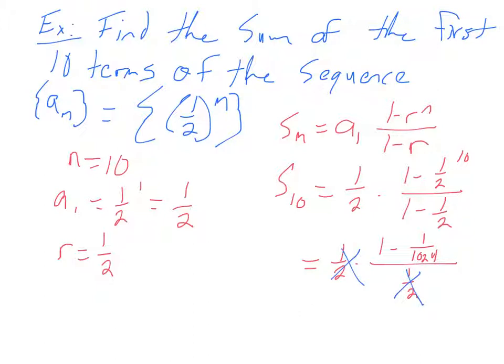So we'll end up with 1 minus 1 over 1024, which is going to be 1023 over 1024, which is about equal to 0.999023. So very close to 1. Very close to 1. All right.